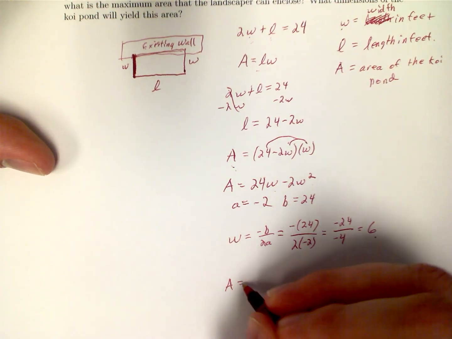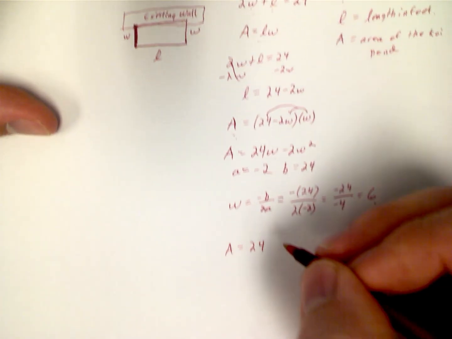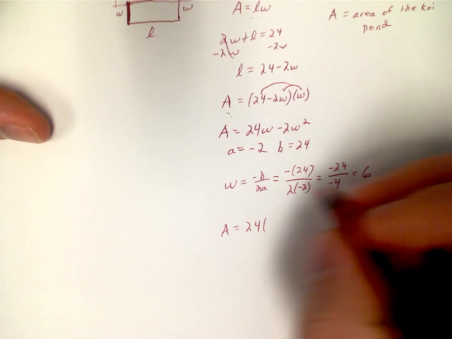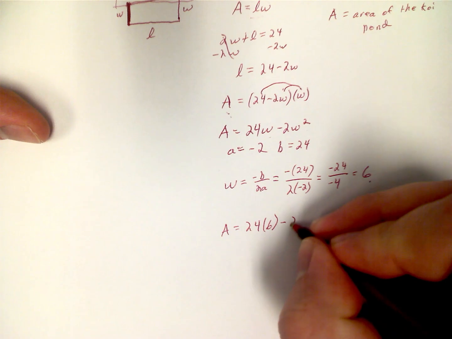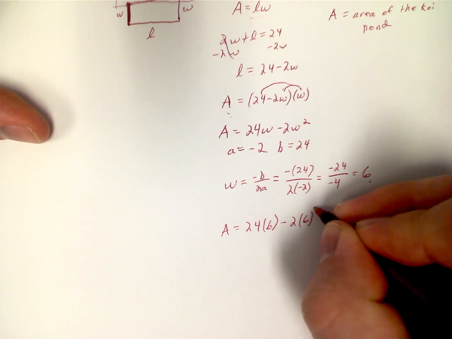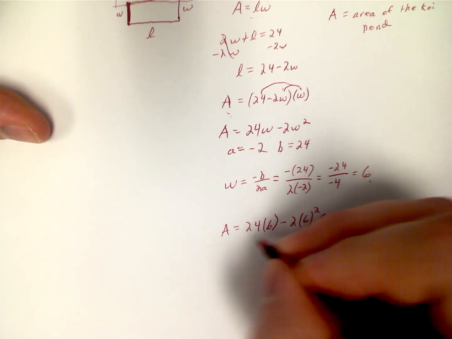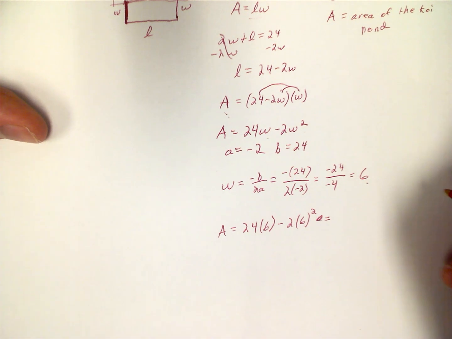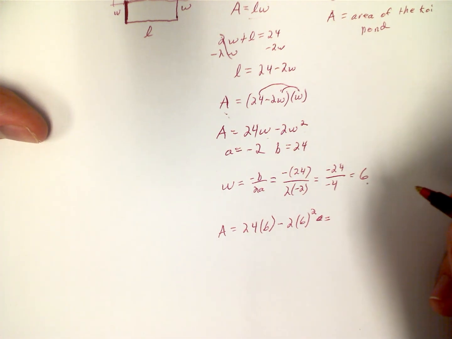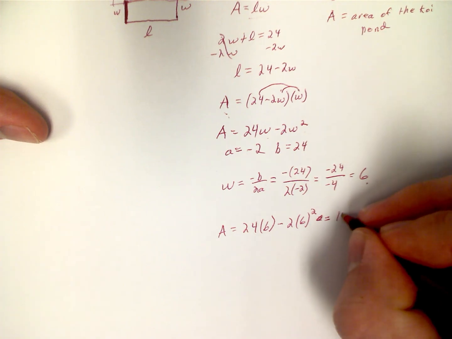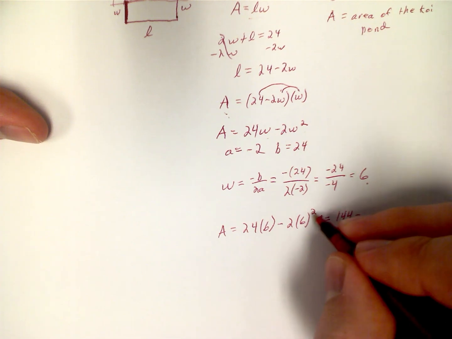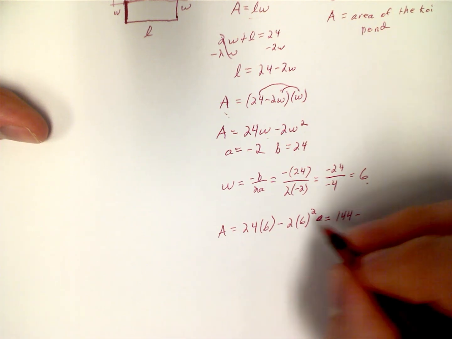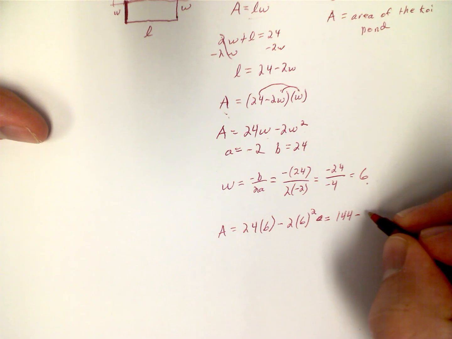So the maximum area is 24 times 6 minus 2 times 6 squared. 6 times 24 is 144. Minus 6 squared is 36, and 36 times negative 2 is 72.